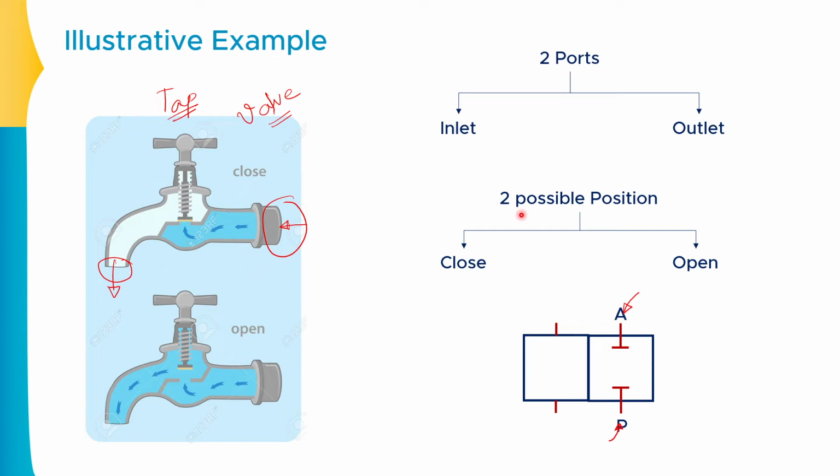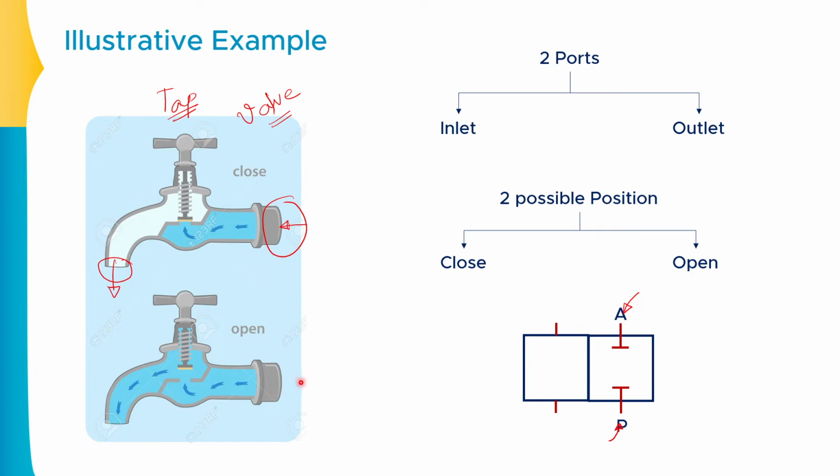If there are three positions, you show three squares; four positions, four squares. So the number of squares represents the number of positions, and the number of points, or notations like this, represents the number of ports available. You have to count those points on a single square only. So this is what you need to remember.